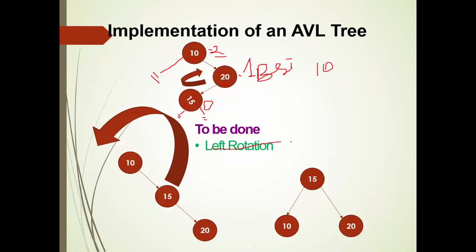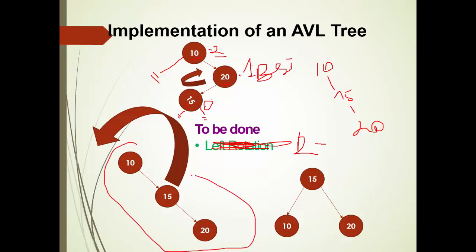It is right, sorry, right rotation, and this right rotation will be making us to have 10, 15, then 20, which is this one. Then from here we are having a BST, a binary search tree.